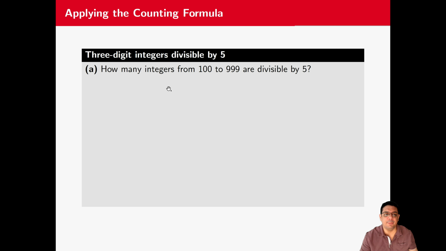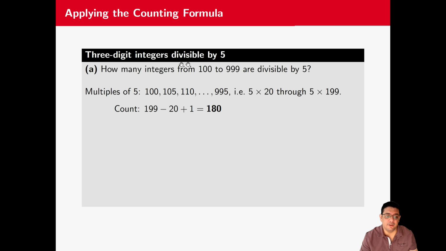Now, let's apply the counting formula. So we can have, well, what are the 3-digit integers that are divisible by 5? And so we want to know how many integers from 100 to 999 are divisible by 5. And so this goes as multiples of 5. So we can go like 100, 105, 110, up to 995.